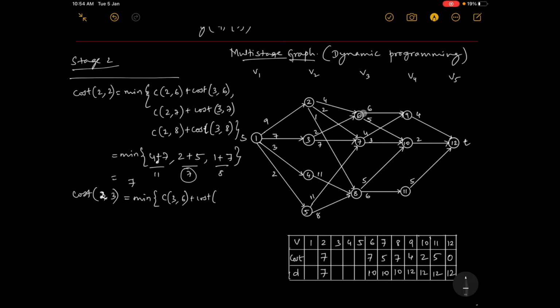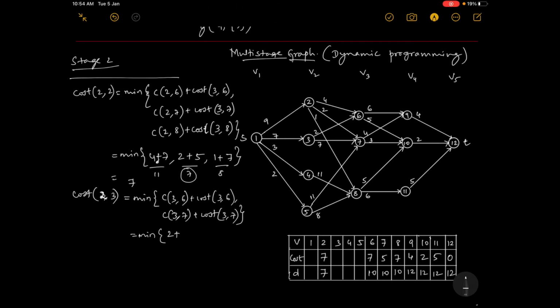So C of 3 comma 6 plus cost of stage 3 vertex 6, comma, C of 3 comma 7 plus cost of stage 3 vertex 7. What is 3 comma 6?